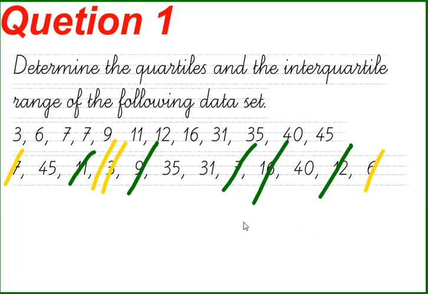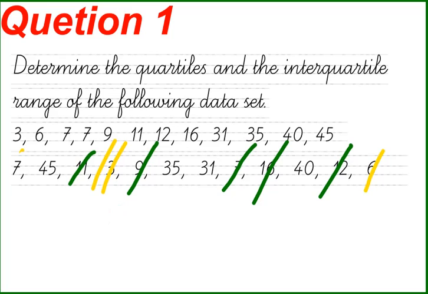So we may begin. Whenever you're dealing with quartiles and median, you always have to make sure your data set is ordered in ascending order. So let's determine the quartiles. The first thing we need to do is to get the median. So that's the second quartile.